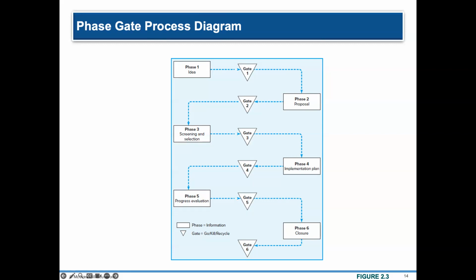So from the pitching of the initial idea, you move forward with the proposal. Based on the proposal that was submitted, the project team or the project manager and the management would be reviewing the proposal. If they find the proposal reasonable, then it's a go.